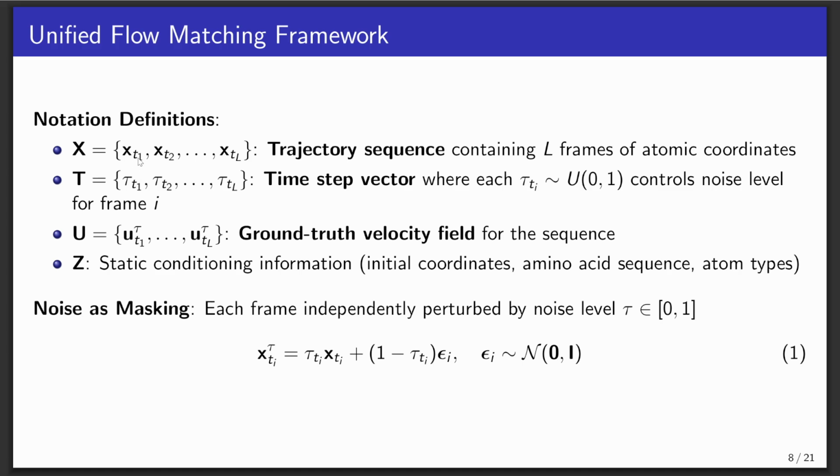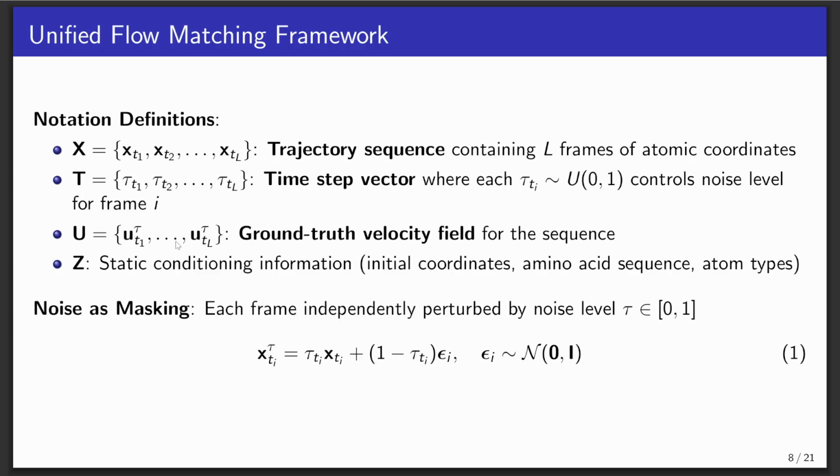The lower script is the physical time t. Also, the upper t, a set of taus, is a time step vector, where each tau is sampled from the uniform distribution between 0 and 1, which controls the noise level for frame i.